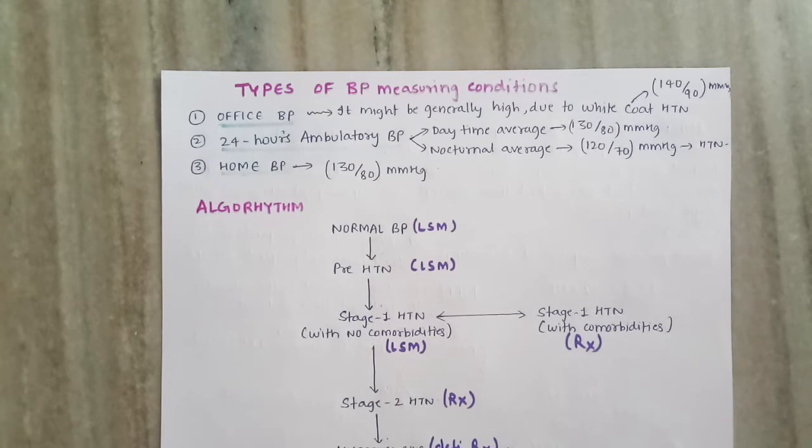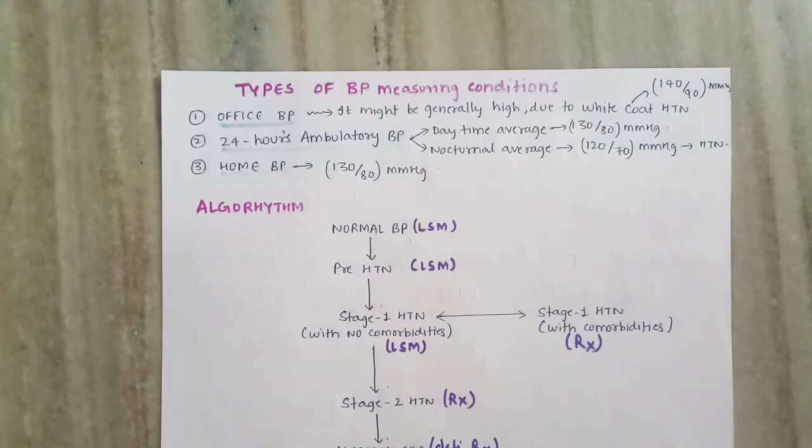Generally, a nocturnal average of 120 by 70 mmHg can point towards hypertension. But the daytime average has to be 130 by 80 mmHg. So these are the values we have to look at.